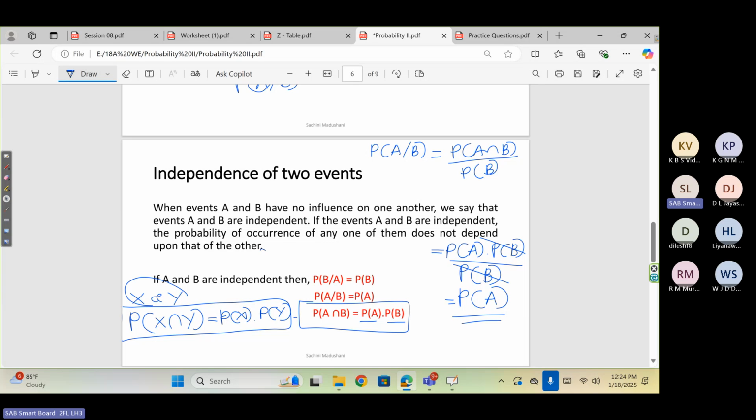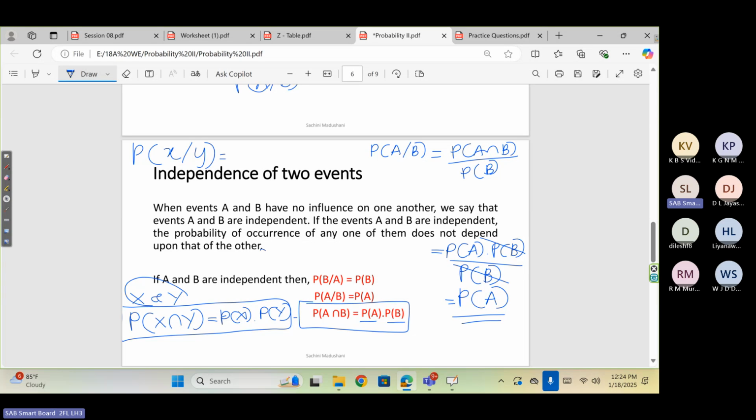Understood? If the two events are not independent, you use this formula to find the answer. If A and B are independent, then in the conditional probability concept, that value is equal to the probability of the second event. Understood? Then here we take X given Y, and we assume these two events are independent. Then what is the answer?